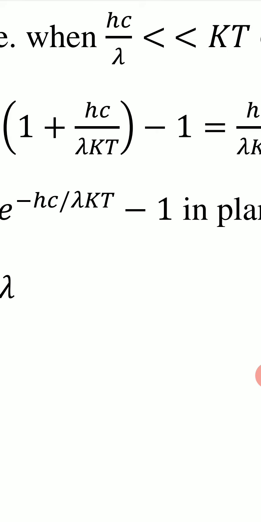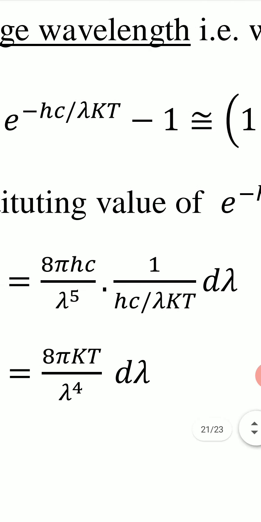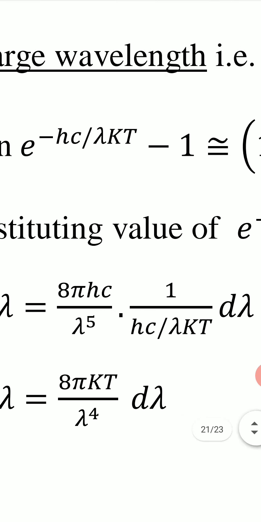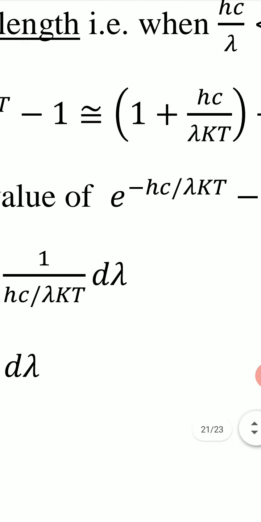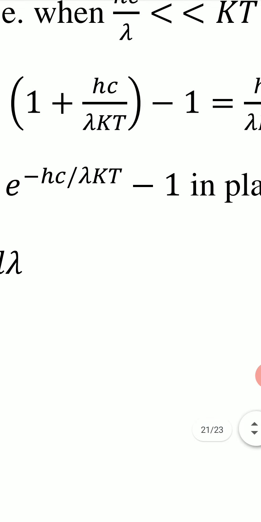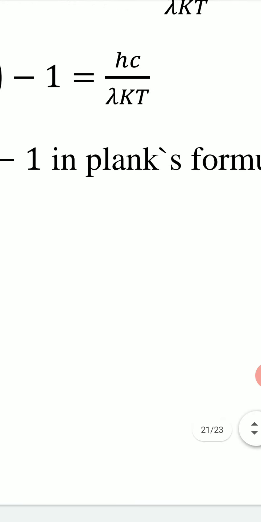So square, cube and higher order terms are much smaller and neglected. Then in the denominator, it is e to the power hc upon lambda kT minus 1, and it is equal to 1 plus hc upon lambda kT minus 1. Plus 1 and minus 1 cancel out, and it becomes equal to hc upon lambda kT.